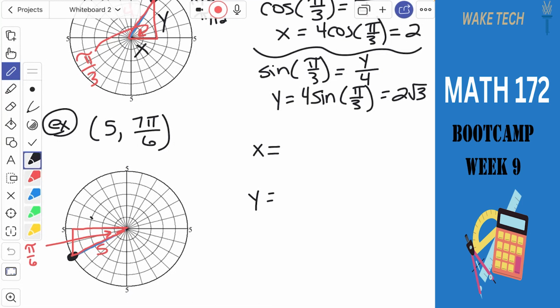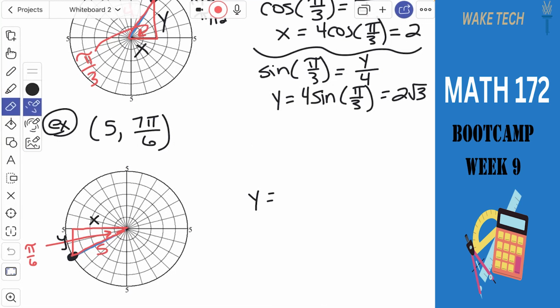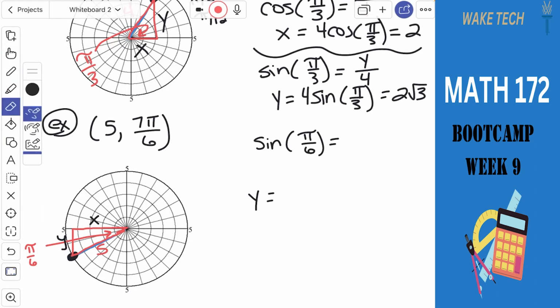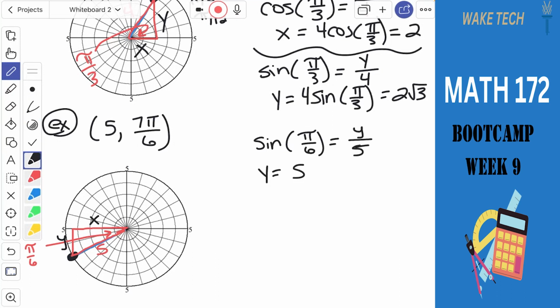So if we want to figure out the x value and the y value, we can use SOHCAHTOA with that red triangle. Let's see, I'm going to erase this for a second. What we could write is that sine of pi over 6 equals the opposite side over the hypotenuse, which tells us that y is equal to 5 sine pi over 6.